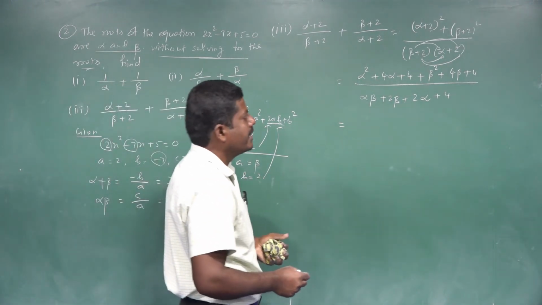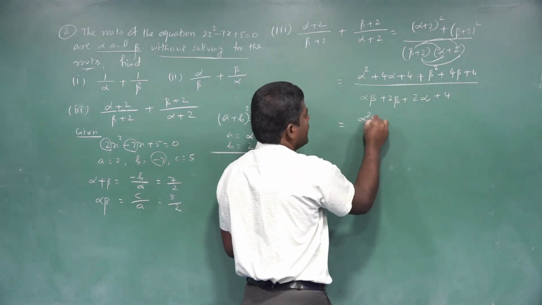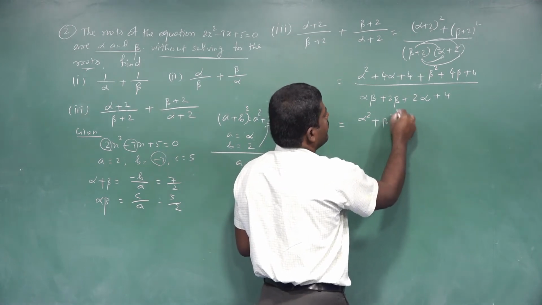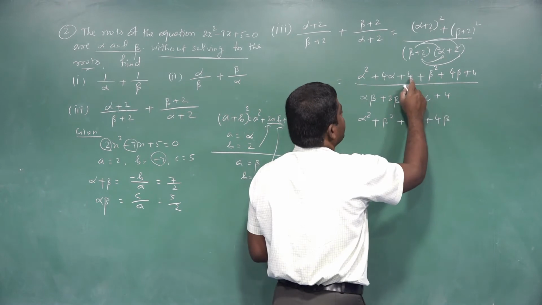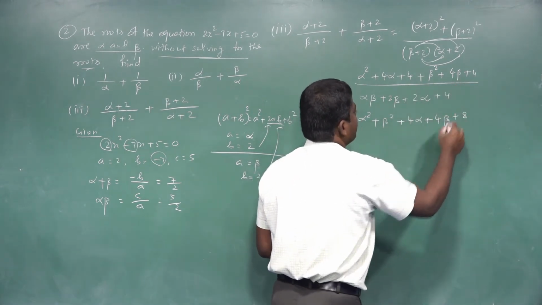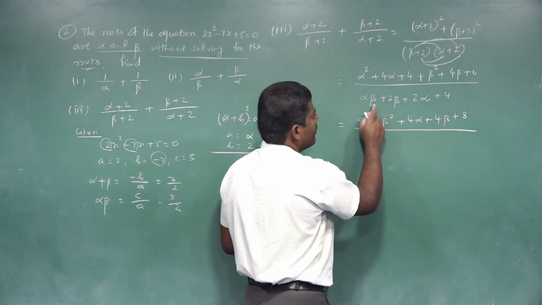For that purpose you arrange it: alpha square plus beta square plus 4 alpha plus 4 beta. Next, 4 plus 4, 8. Like that you arrange it. In the denominator, alpha beta.